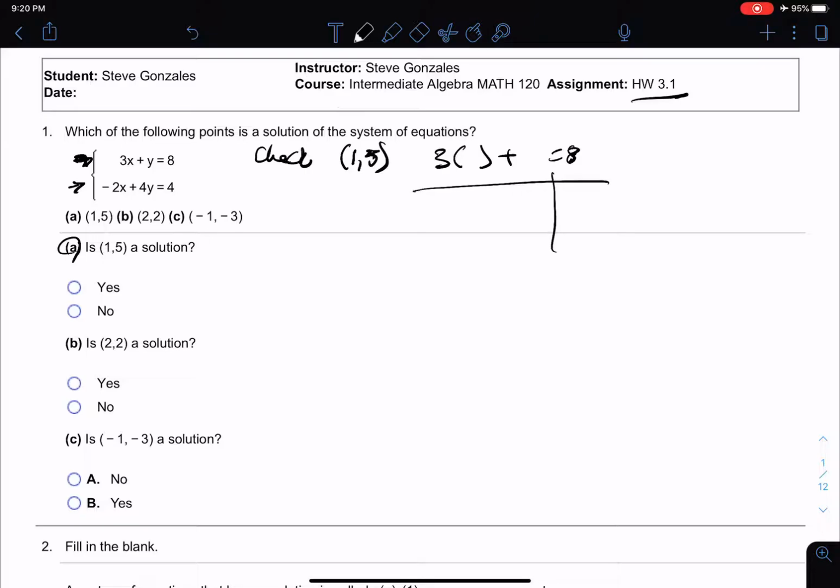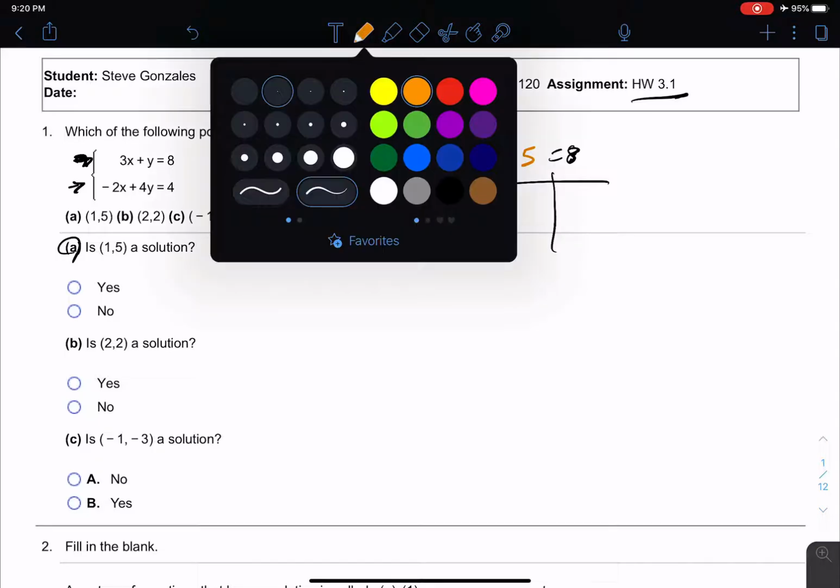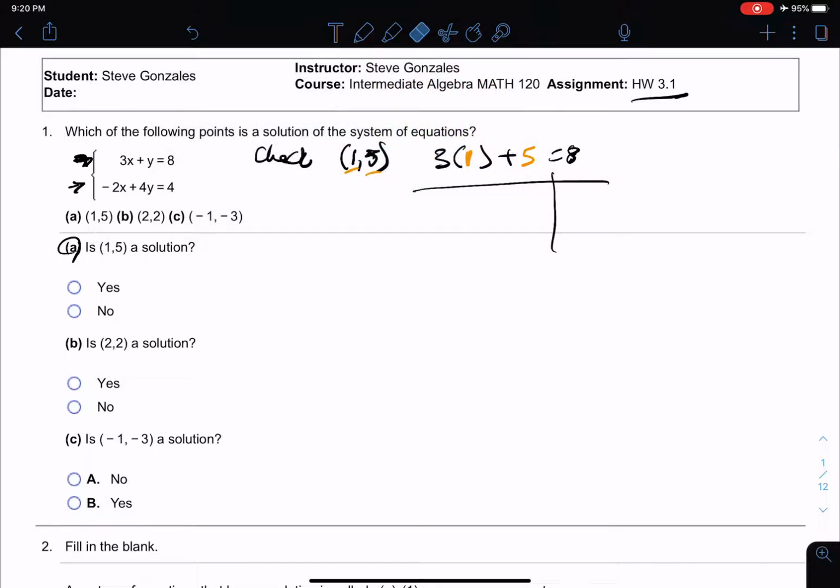So once again, I'm just going to put some values in here. I've got 1 for x and I've got 5 for y. And when I solve, 3 times 1 is 3. 3 plus 5 is 8. 8 equals 8. True.